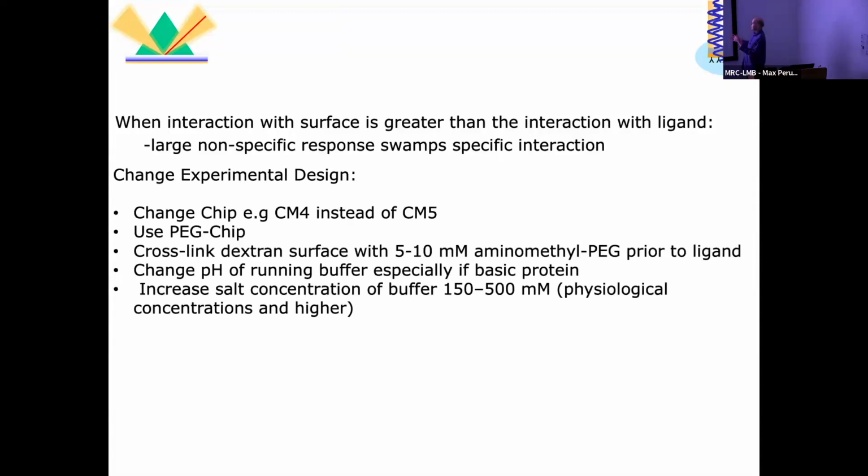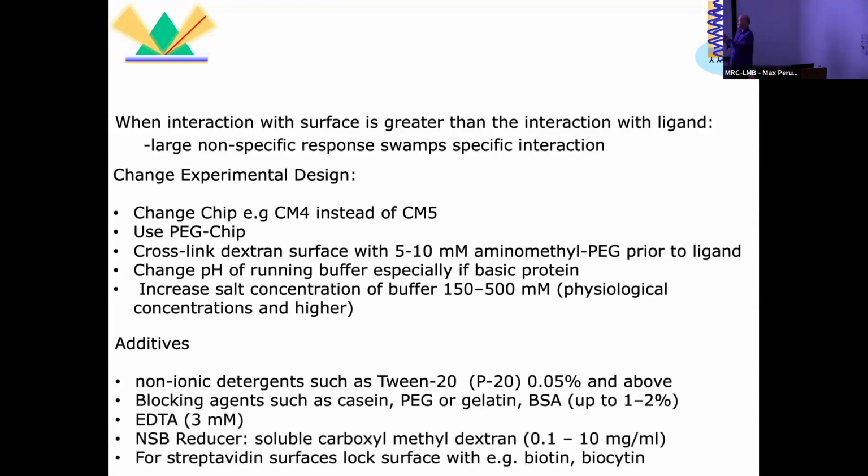Or you could change the buffer conditions, or you can put in additives. Things like Tween are always good, or you can have blocking agents like BSA or EDTA. There's a non-specific binding reducer which they sell, which is essentially just soluble carboxymethyldextran. And obviously for streptavidin, you could block with biotin or biocytin.